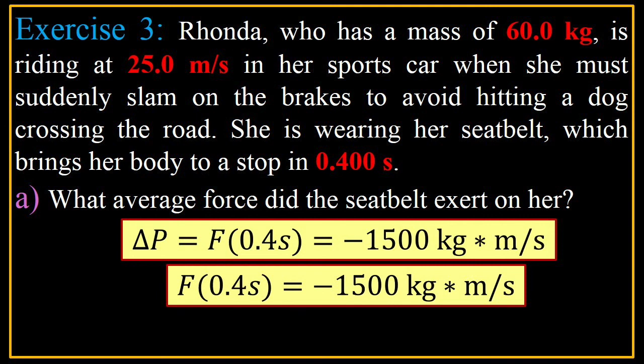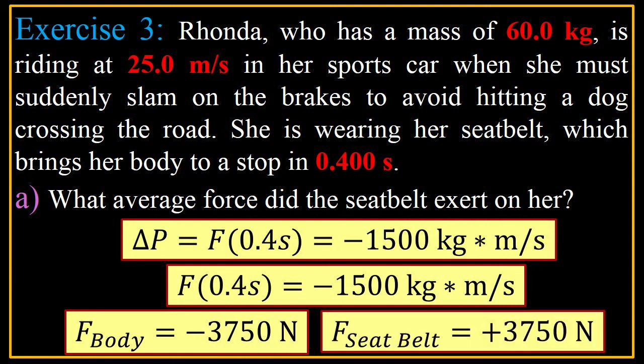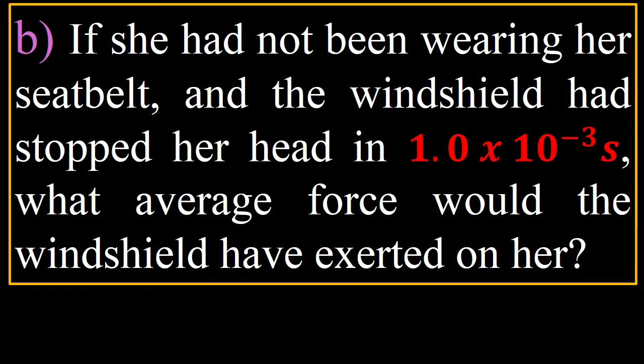So if I divide through by 0.4, I'll get negative 3,750 newtons, and that's the force her body is exerting on the seatbelt, and the seatbelt will be exerting a positive 3,750 newtons. So that's the answer to A.